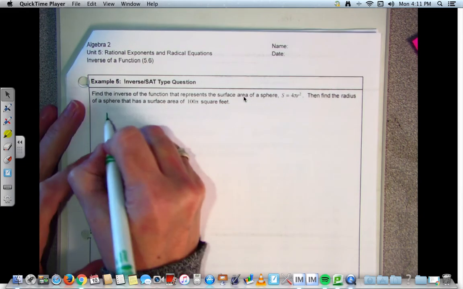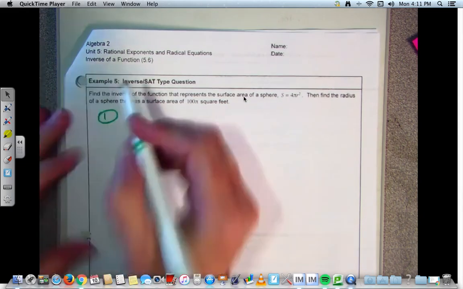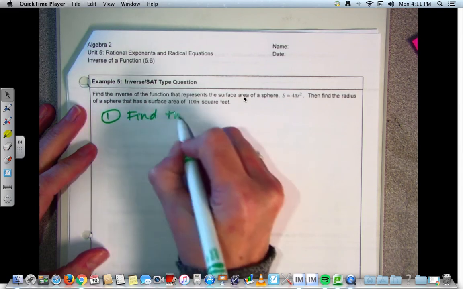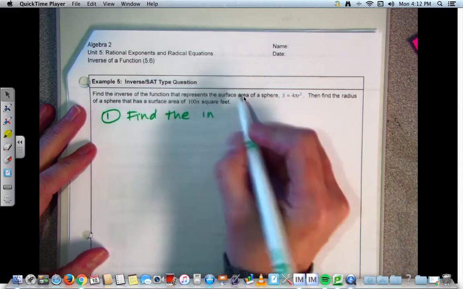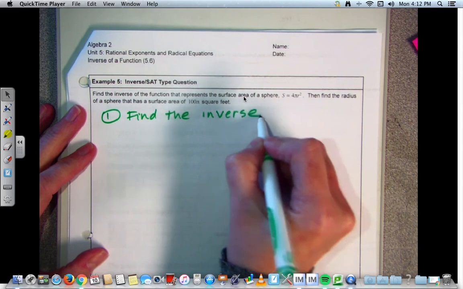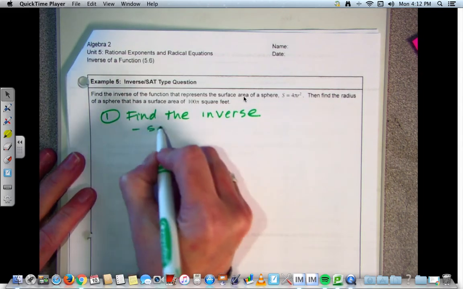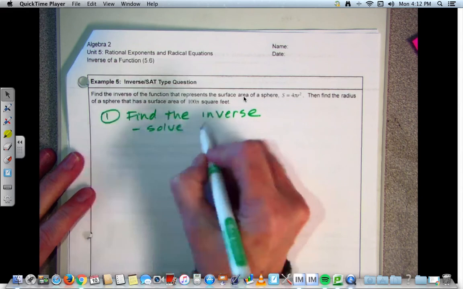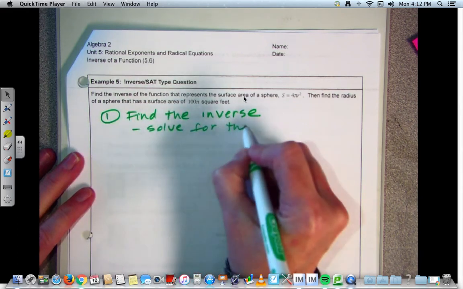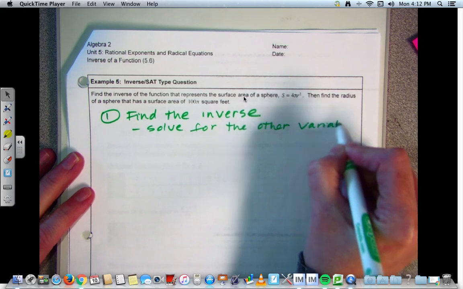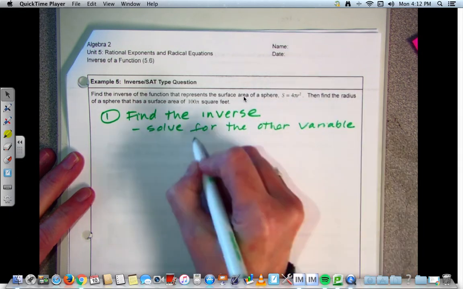So, first thing that we need to do is to find the inverse, which means that we're going to solve for the other variable, which is r.